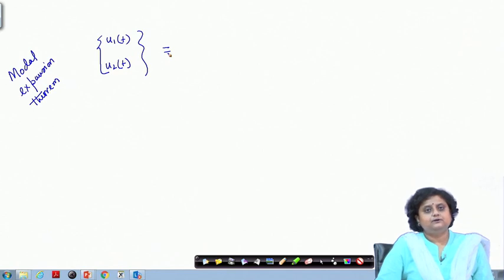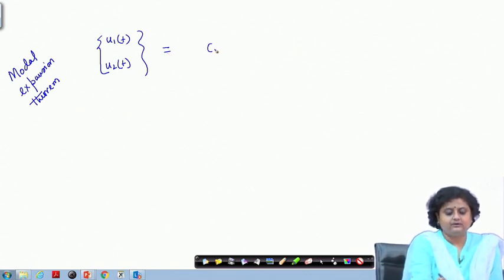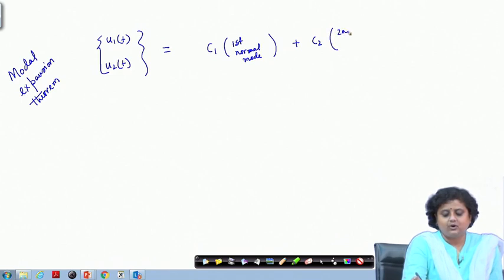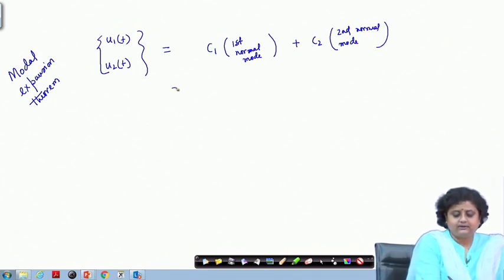Since this is a 2 degree of freedom system, we have two normal modes, and any arbitrary response is a constant C1 into the first normal mode plus C2 into the second normal mode. How do we represent the normal mode?